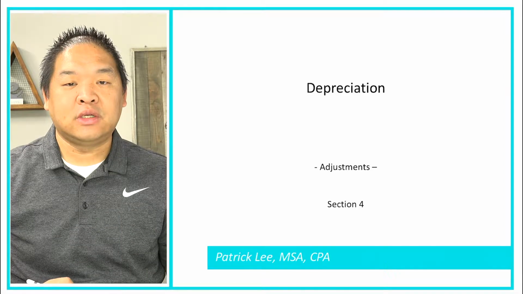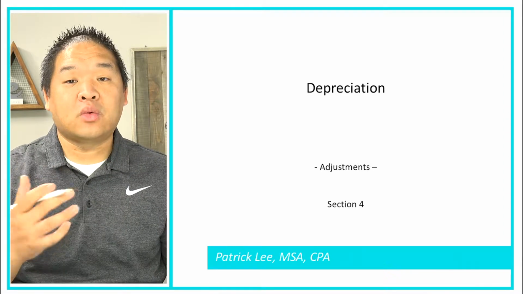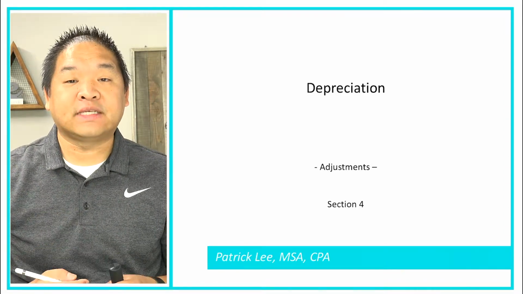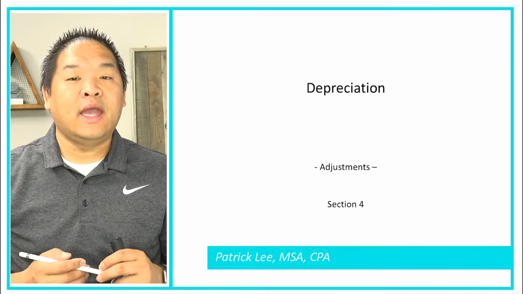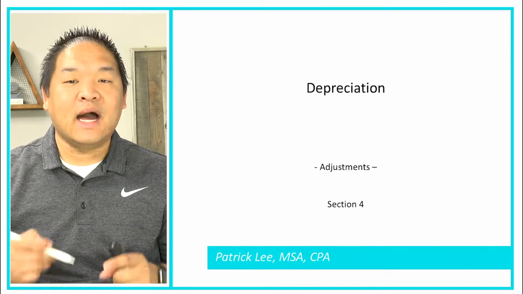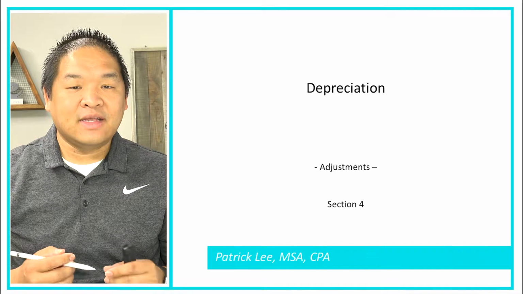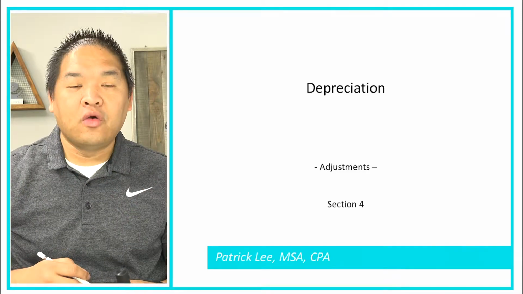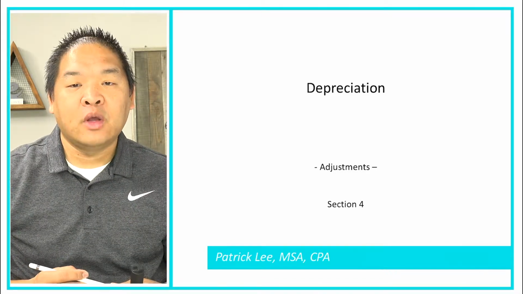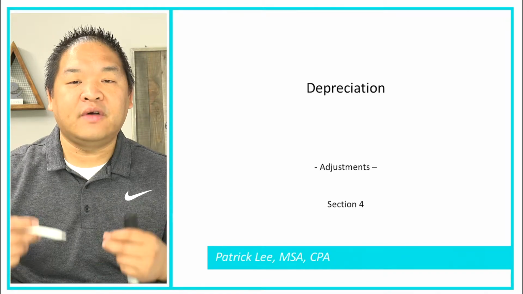Now, depreciation, from what you need to know right now, is a form of deferred expenses. So we buy a long-term asset up front, and then we allocate its cost over a period of time. We call that the useful life of the asset.